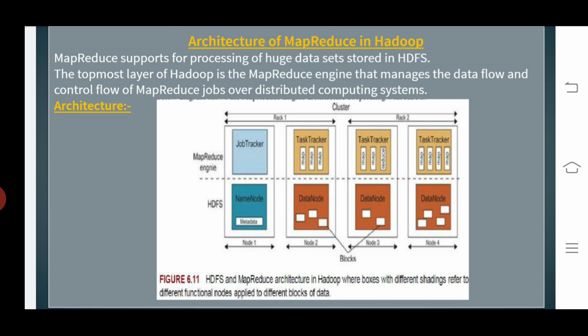So the MapReduce engine manages the data flow as well as the control flow of MapReduce jobs over the distributed computing system. So whatever we have to compute, it manages the processing, the hardware and software requirements.